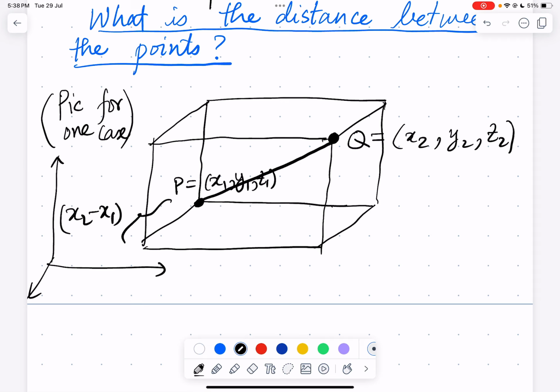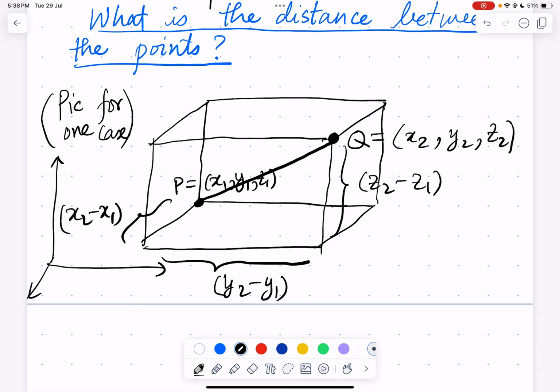So this distance is x2 minus x1, this distance is y2 minus y1, and this distance is z2 minus z1. By the definition of the coordinates, the side lengths of this box are x2 minus x1, y2 minus y1 and z2 minus z1.